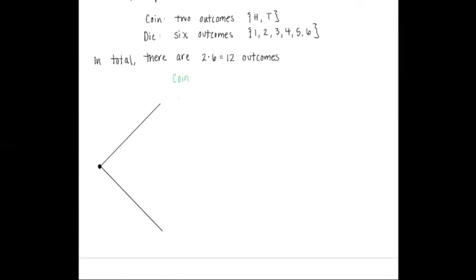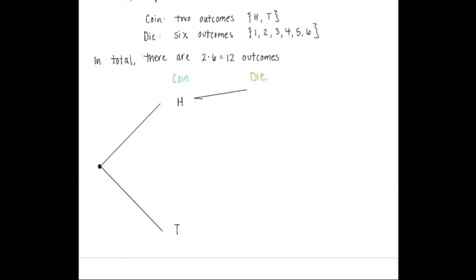For that first event, you have the possibility of getting a heads, and then you have the possibility of getting a tails. Right? So if I happen to roll a heads, then when I roll the die, I have 6 outcomes that can happen after that. So we branch off again to see what happens for the die.